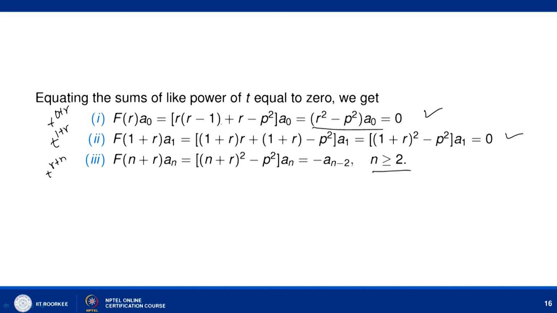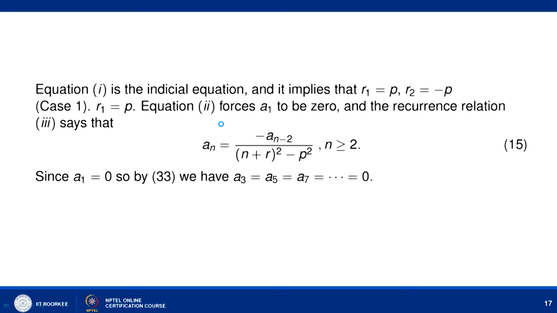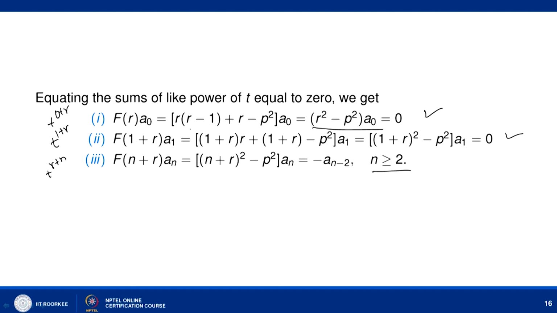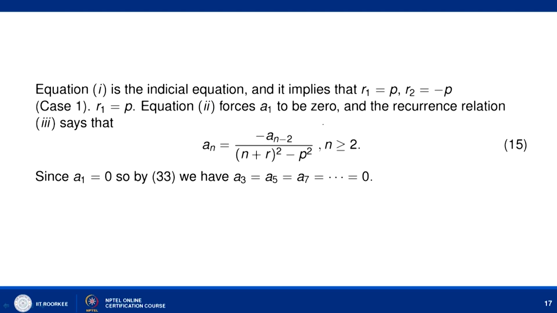So the first equation will give you the possible values of r for which we will get a solution here. So from equation 1, which is known as the initial equation, this will give the value of r. The values of r will be r1 equal to p and r2 equal to minus p, since it is r square minus p square equal to 0, so r equals plus or minus p.